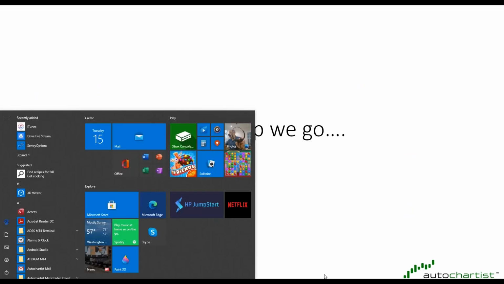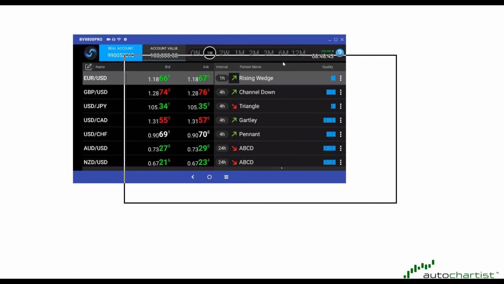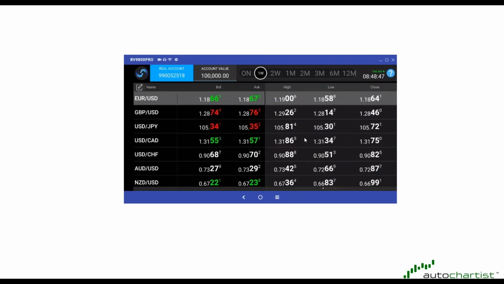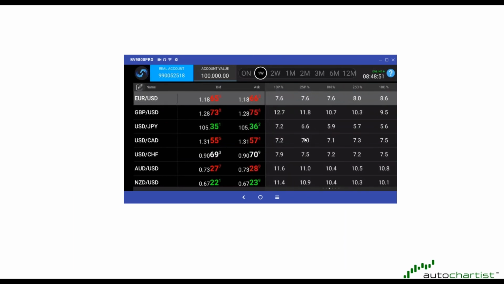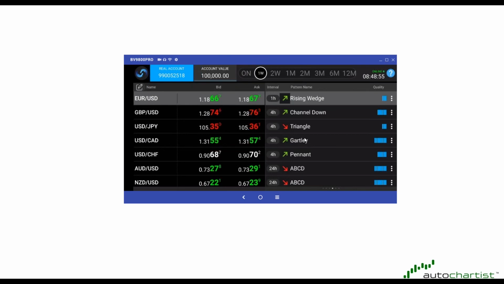Okay, let me quickly go into the platform and share my screen. Let me know when you can see the platform. We see it. Okay, cool. As I said, you can find Autochartist if you scroll to the right-hand side just after your implied vol numbers.